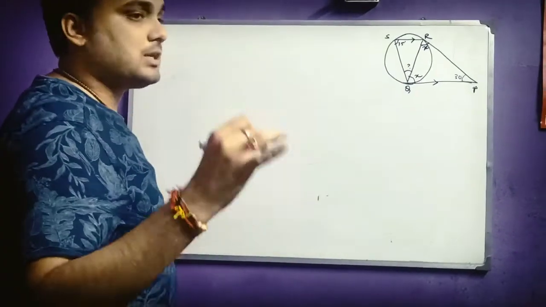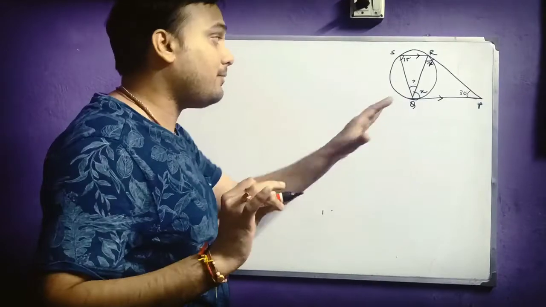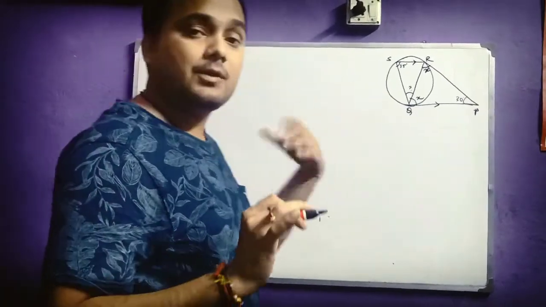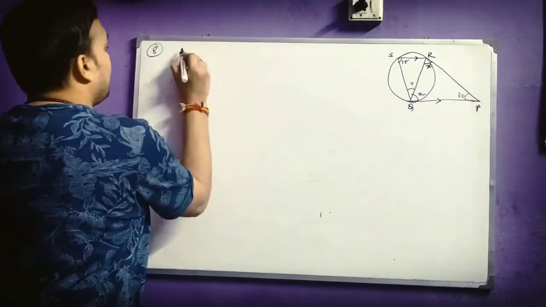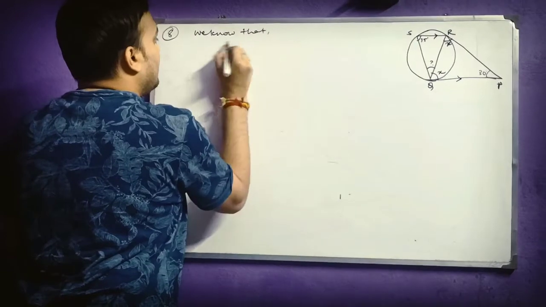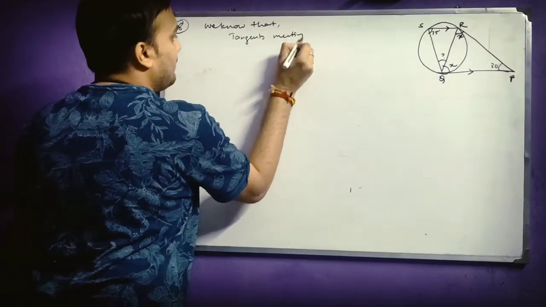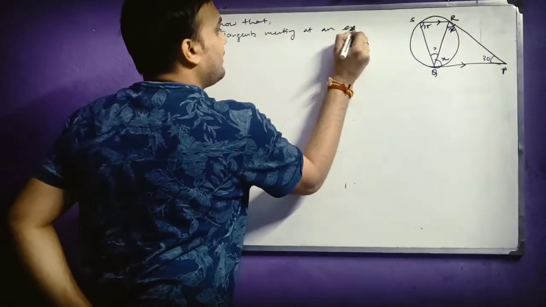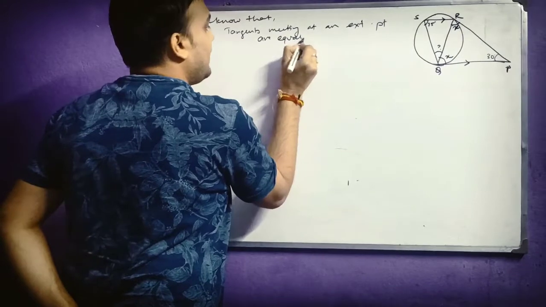So let us proceed one by one. First what we will write? First we will mention the theorem, because we are using the theorem here, and when we are using any theorem it should be mentioned. So first we will write, we know that tangents meeting at an external point are equal.